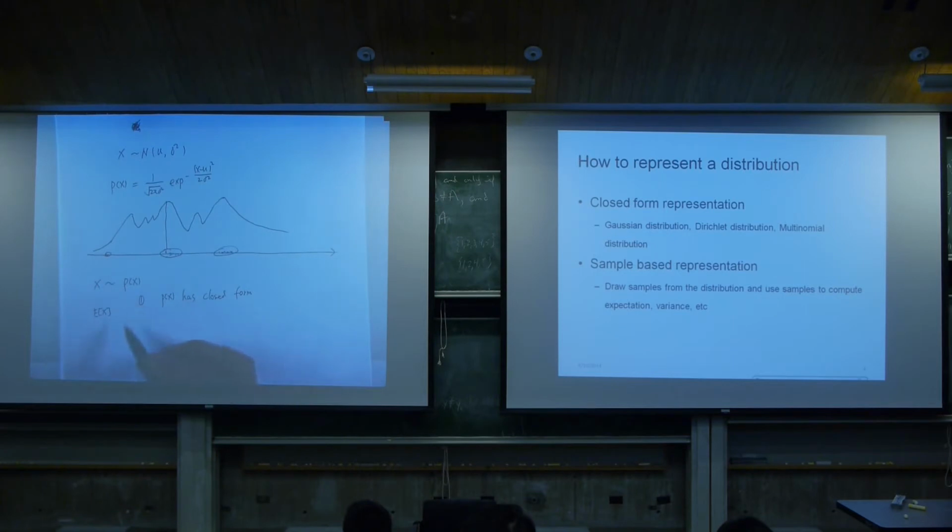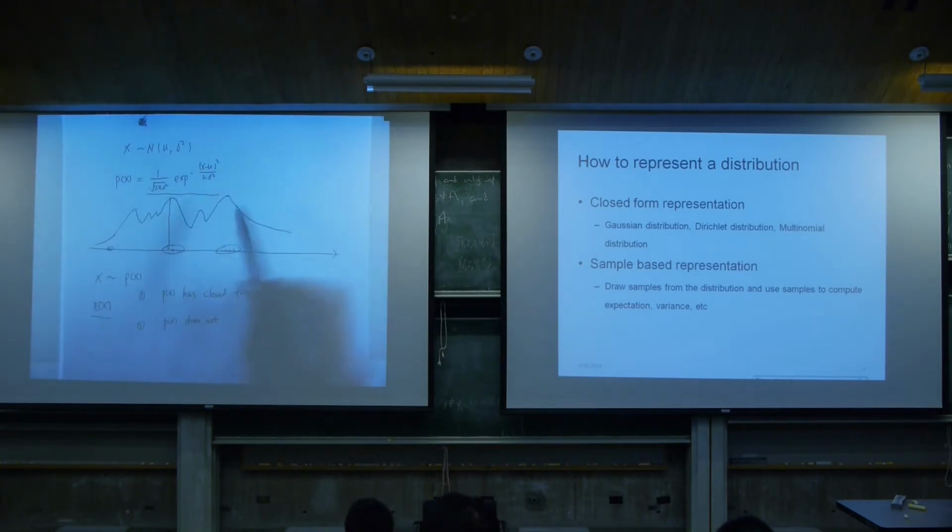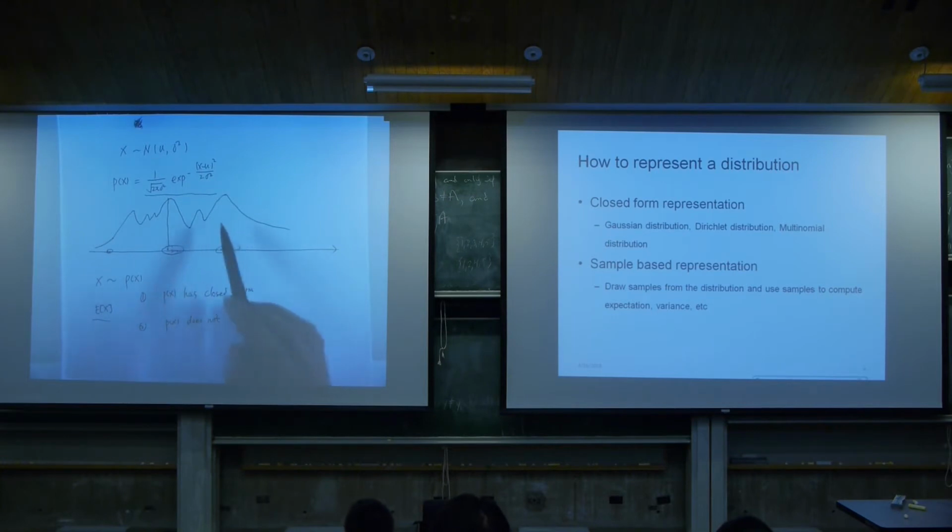And to compute the expectation of X, you can plug this equation into the definition of the expectation and do the integration to get this. However, if p(x) does not have a closed form, like this very wiggly and messy distribution, it's impossible to find an equation like this.